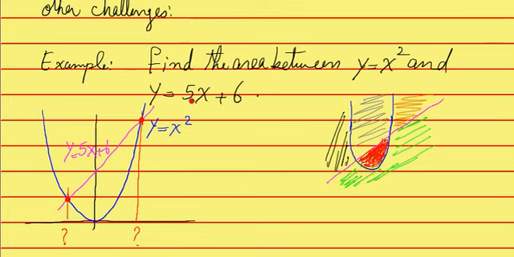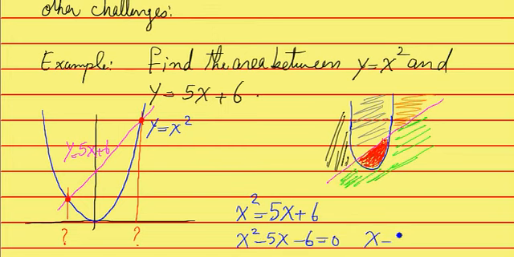So the way you find it is to say that if they're meeting each other, the y's have to be the same, and so x squared becomes equal to 5x plus 6. If the two curves meet, it means the values of the y's are the same, and therefore you can equate the two sides and solve this. Well, this turns out to be a simple quadratic equation.